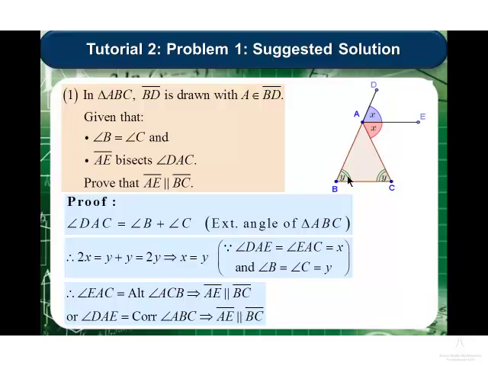These two are corresponding angles, which again confirm that the line segment AE must be parallel to the line segment BC, because corresponding angles will only occur if we have parallel line segments as discussed earlier. So we have either the one situation using the alternate angles, or the other, the corresponding angles, to prove this particular result.